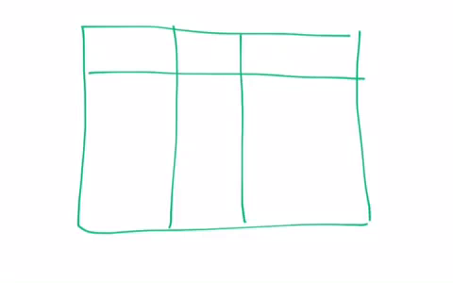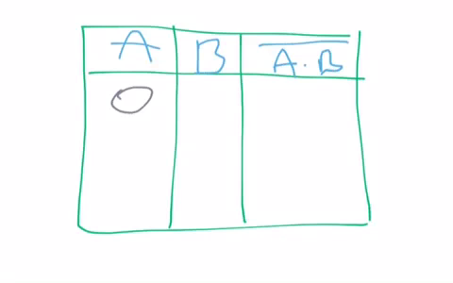Let us have A and B as the inputs. Output we can write as A dot B bar. What input values can we take? 0 0, then 1 0, then 0 1, and finally 1 1.